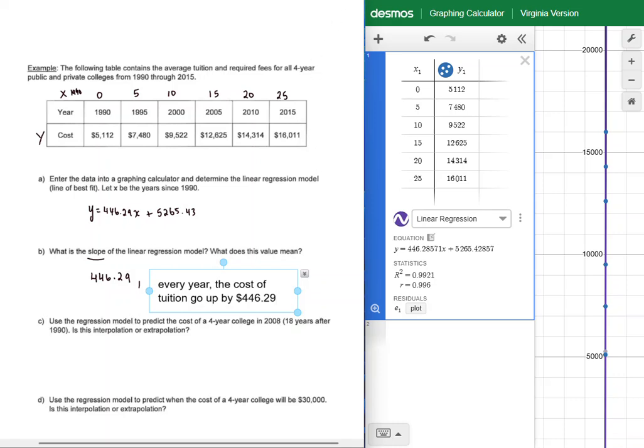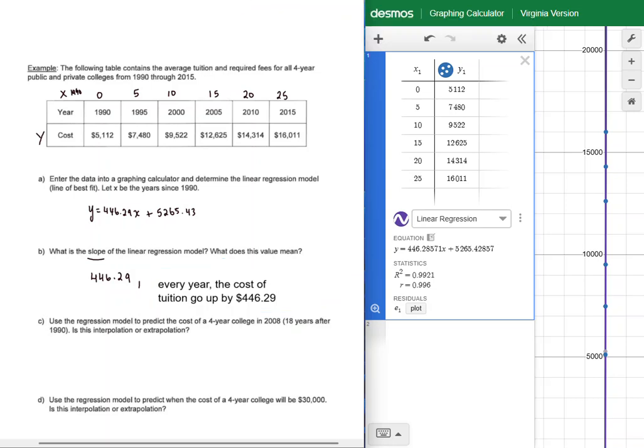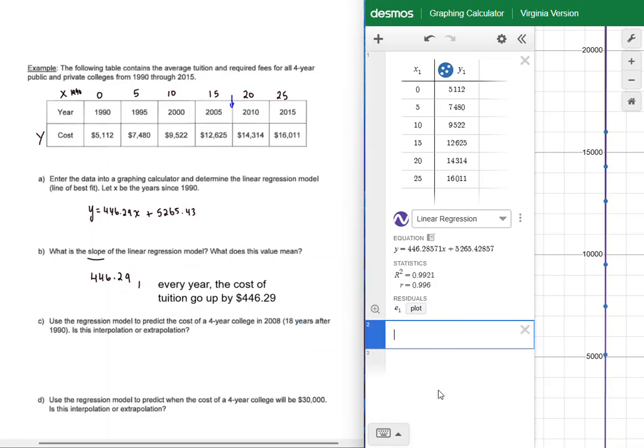All right, guys, so 2028 is somewhere over here. I don't know how many years that is. Let me show you how I got that number.